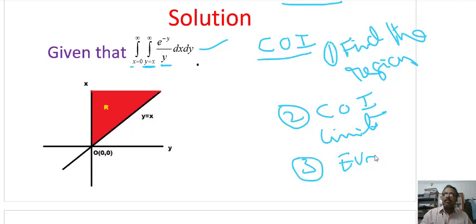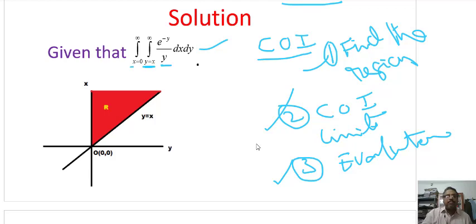So we have three steps. First find out the region, then change the order of integration, and also change the limits correspondingly with the help of this diagram, and finally evaluate the integral.